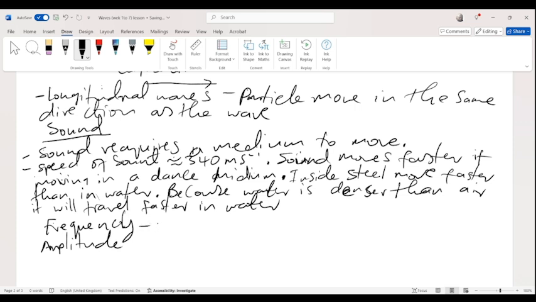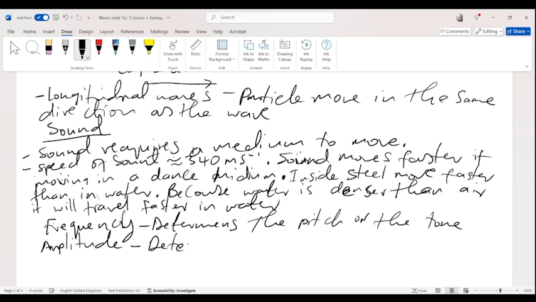Now, the frequency of the sound determines the pitch or the tone. So if the frequency increases, the tone increases. But the amplitude determines the volume of sound.